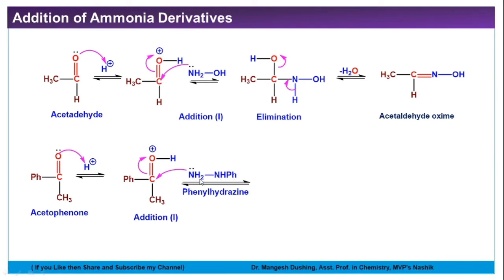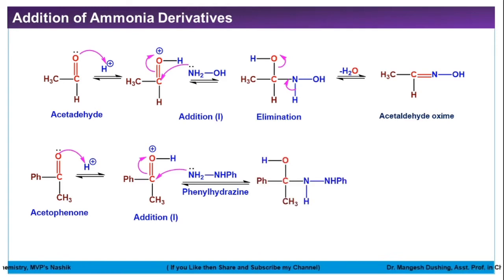In this case there are two nitrogens, but this secondary nitrogen is electron deficient because of the minus R effect of this phenyl. So the primary amine is electron rich, and it will react with this carbonyl group. The lone pair is donated to the carbonyl group, this pi bond will break, this pi electron goes to the oxygen, and the positive charge will be neutralized. So this is the addition reaction.